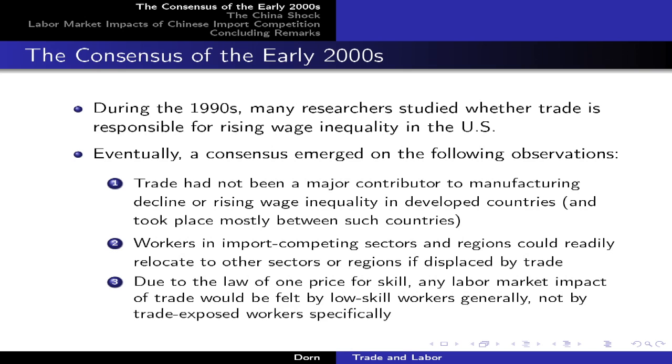Most international trade took place between relatively similar trading partners like the United States and Canada, or like Germany and France.